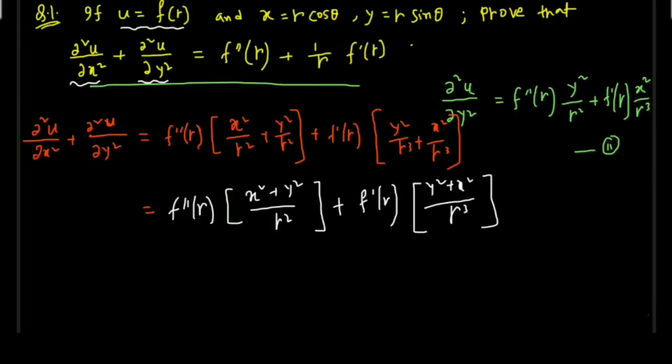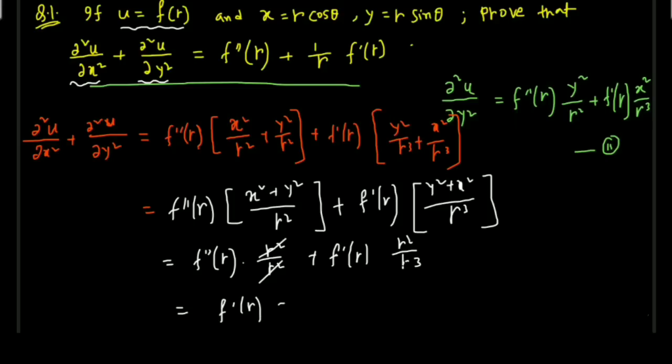So you will get f double prime r into r²/r² plus f prime r into r²/r³. So finally this will cancel out, so it will be f double prime r plus (1/r) f prime r.